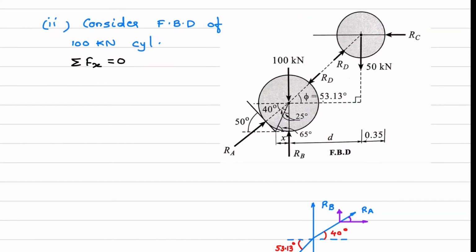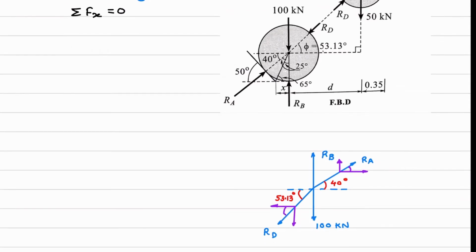Now for summation Fx equal to 0, what can I write? The first component is towards right, so it will be plus RA cos 40. So I will write it down: plus RA cos 40. Next, RB and 100 are in the y direction, so when we are taking summation Fx equal to 0, they won't appear in the equation.